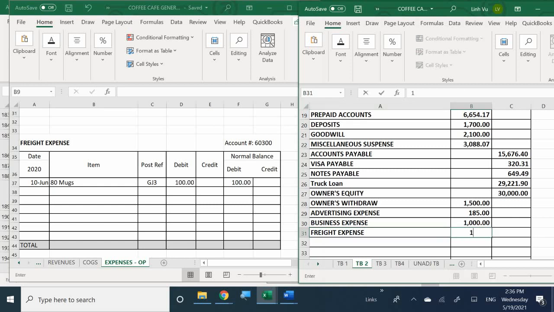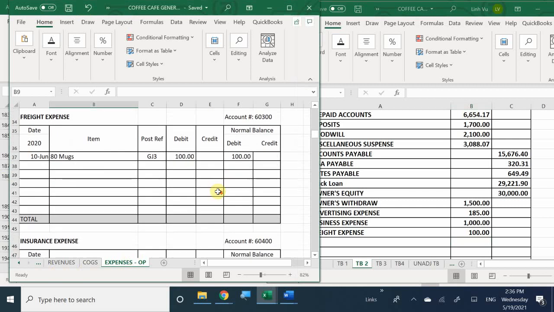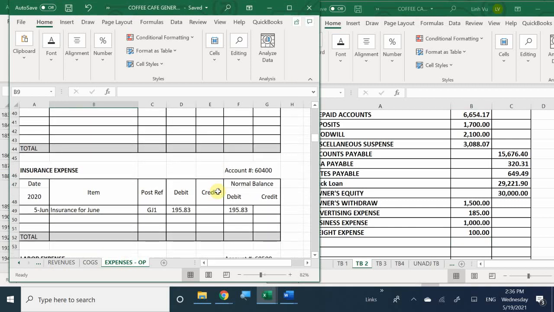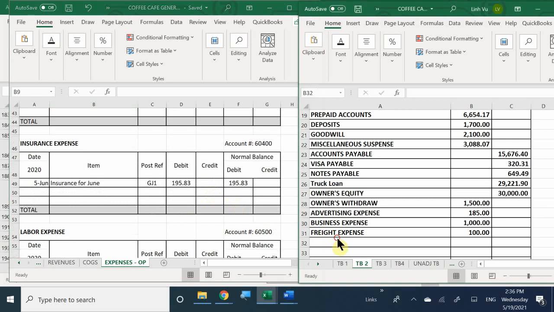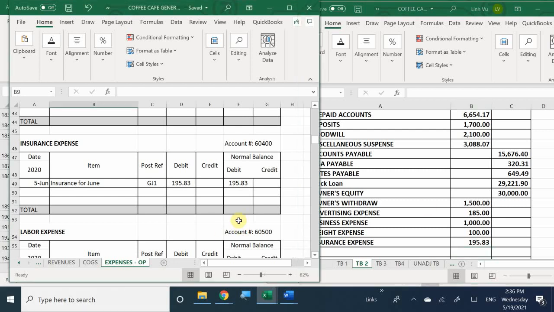For how much? $100. Next, we have here is insurance expense for $195.83.